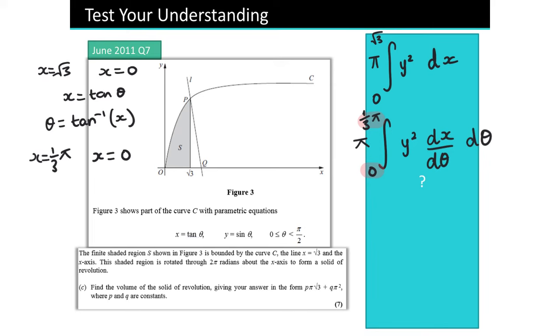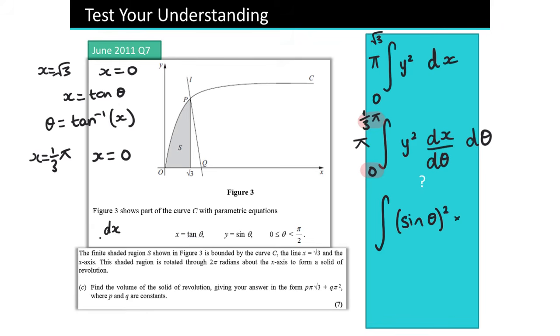Now, y squared is in fact sine theta squared times, what is dx by d theta? If I differentiate tan, what do I in fact get? I think it was in the formula book, we have sec, don't we? Do you remember?